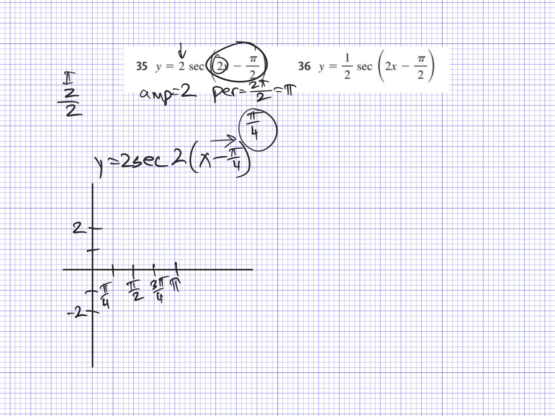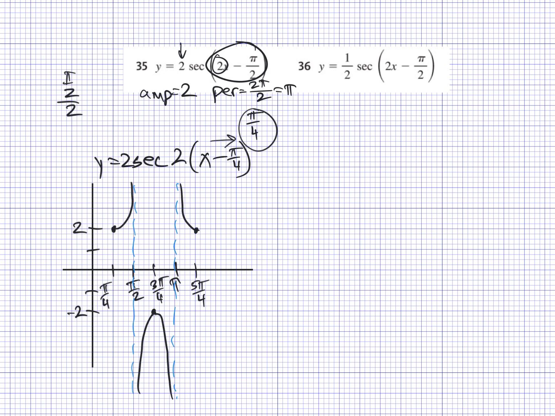And then we go another pi over 4, which is 5 pi over 4. Okay, so our center is at 3 pi over 4, and our asymptotes are right here. And again, it's the cosine curve, starts up there, and it just has a bigger amplitude.